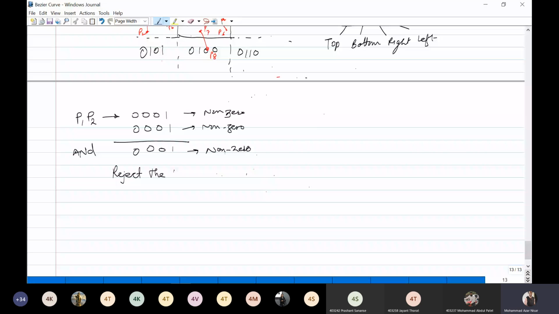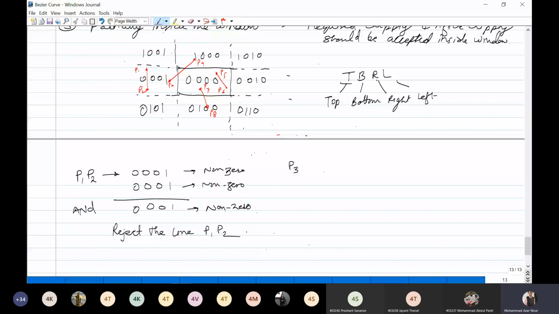Then next, P3 and P4. Again for this, one code is coming, 01000, and P4 will come 0001, and applying the AND operation you will get 0000.